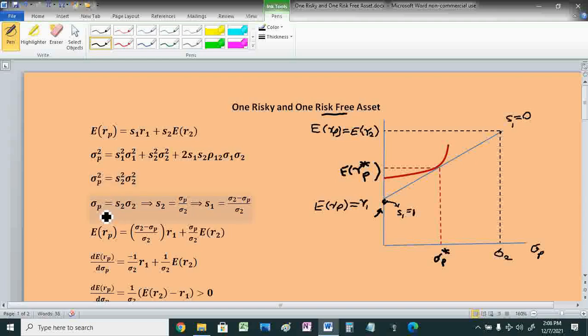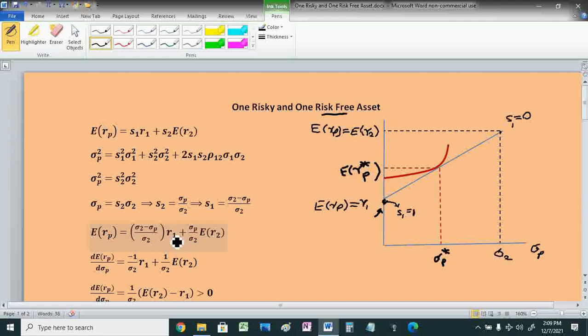Taking the square root on both sides gives us the standard deviation, and I use this standard deviation to find out S2, and I subtract S2 from 1 to get S1, and then I plug these values of S1 and S2 into this equation of return on portfolio, and so I am able to get expected rate of return on portfolio as a function of standard deviation of portfolio.